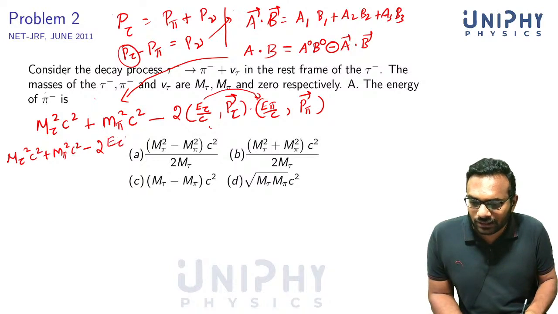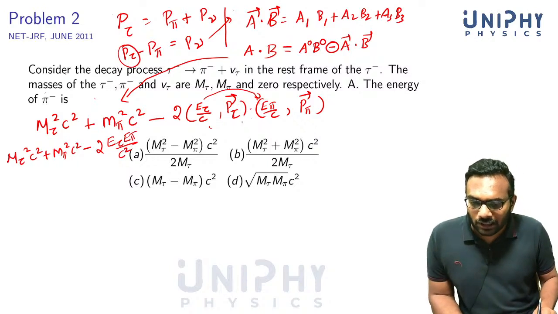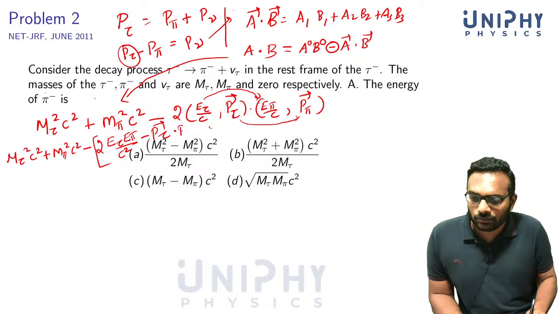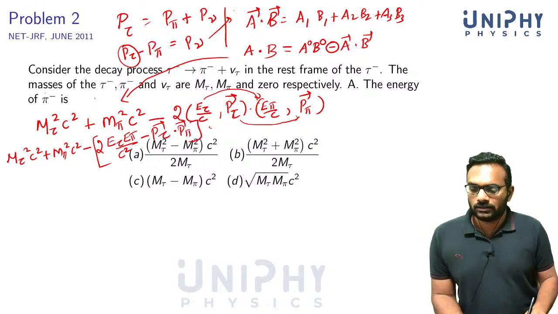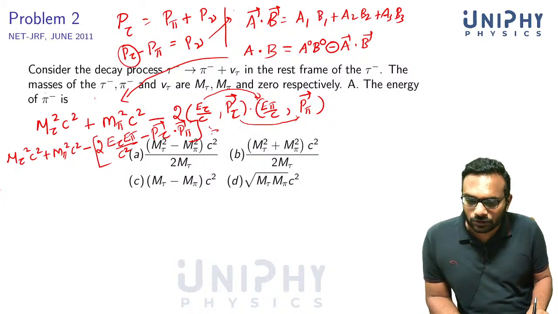You are multiplying the 0th component, E tau E pi divided by c square, and you multiply the space part also. Because there is a minus sign here, I will put a bracket, minus p tau vector dot p pi vector. This is equal to 0.